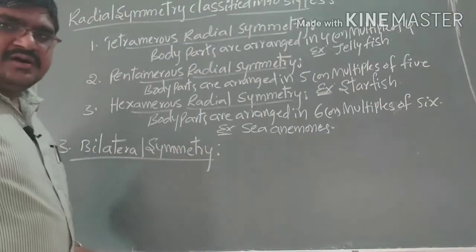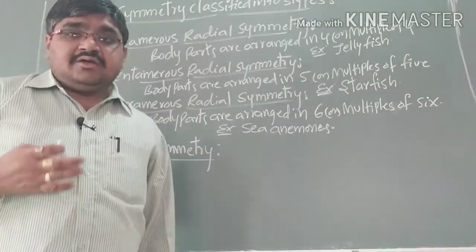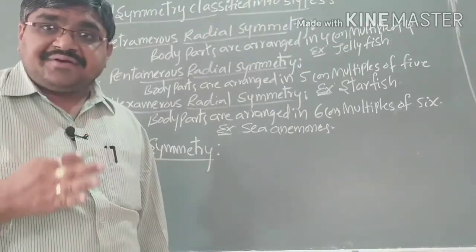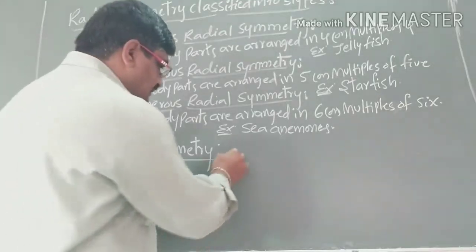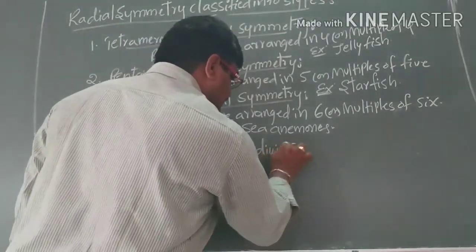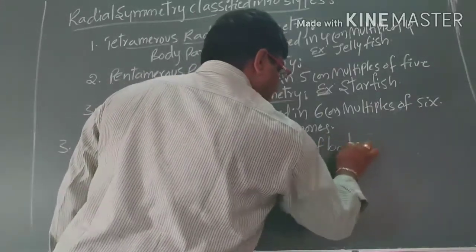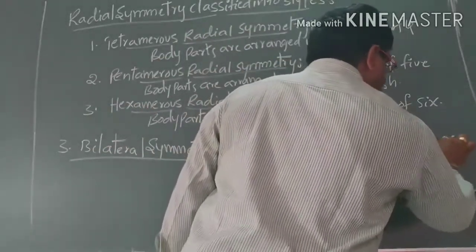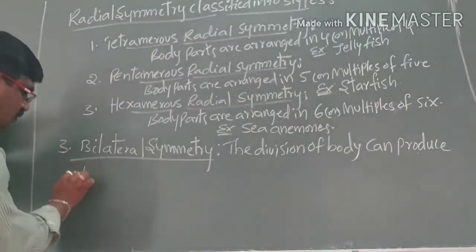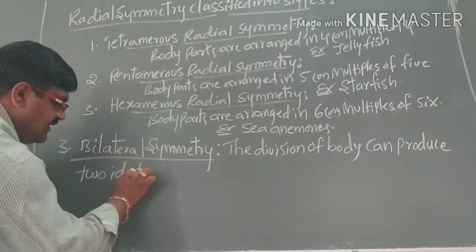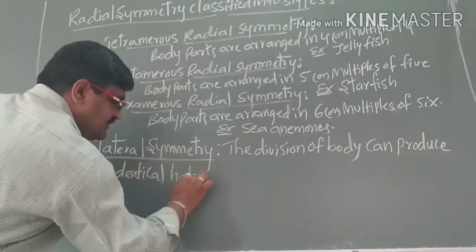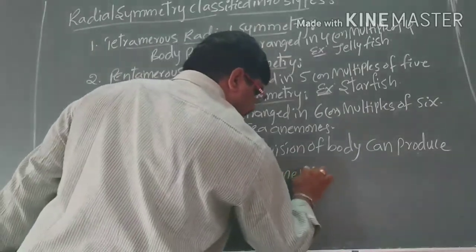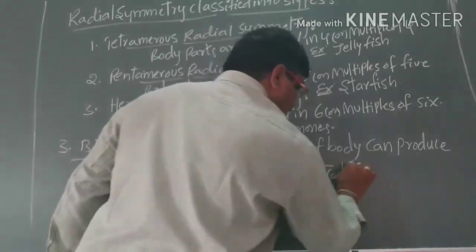Here the division of the body can produce two identical halves in only one vertical plane.